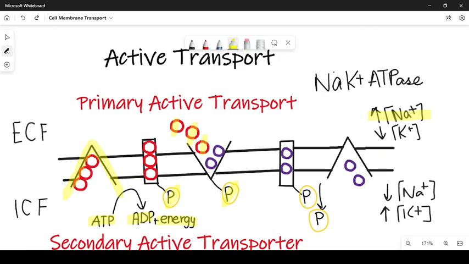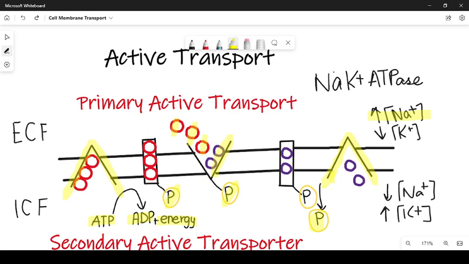Since we already have a high concentration of sodium ion in the extracellular space, now what it does, it takes 2 potassium ions from the extracellular space, which is already lower in potassium, but we have high affinity of potassium ion on the carrier protein. So the potassium ion binds to the carrier protein, then it changes the conformation, the phosphate group gets released, and then the carrier protein changes back to its normal or resting configuration.